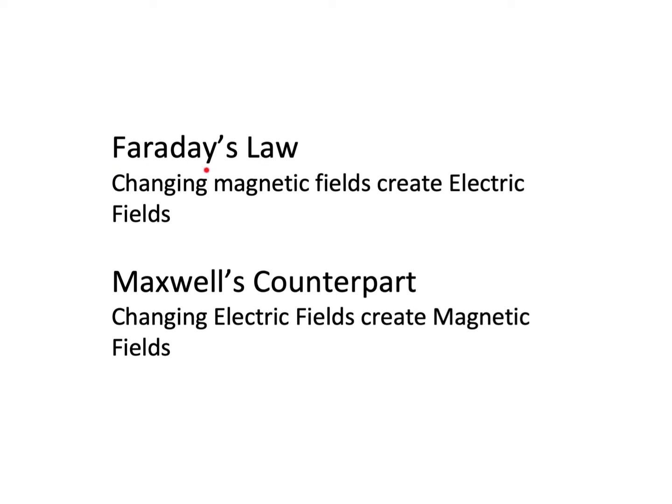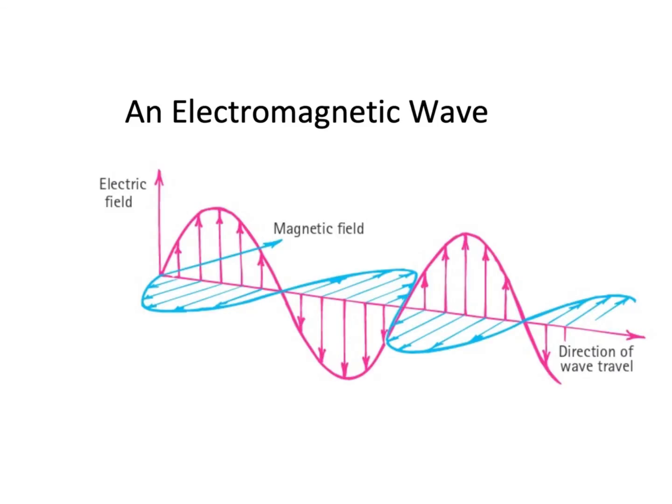Now, Faraday's the one that discovered this, and another guy named Maxwell, James Clerk Maxwell, he discovered that the reverse is true. If you have changing electric fields, that can create magnetic fields. And Maxwell made one of the most important discoveries in human history.